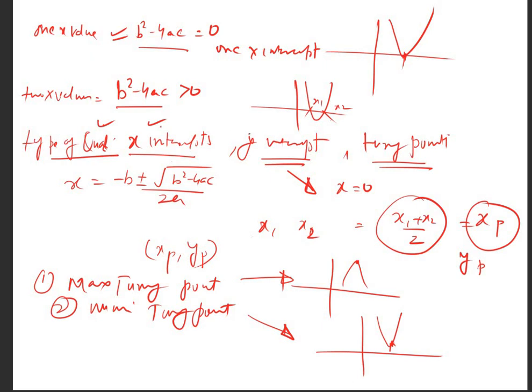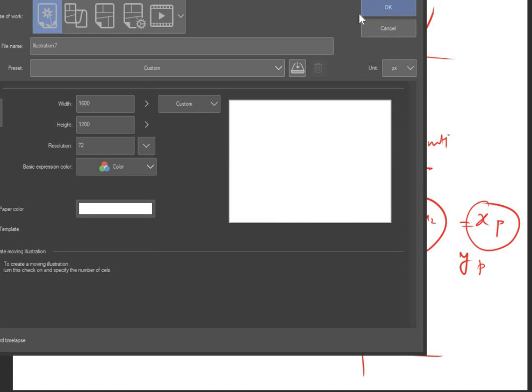Now, before we switch to cubics, one important thing to understand is how do I know whether this quadratic is a max turning point quadratic or a min turning point quadratic. So let's say my quadratic looks like this: ax squared plus bx plus c, correct?